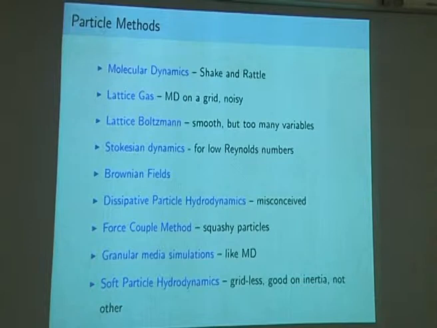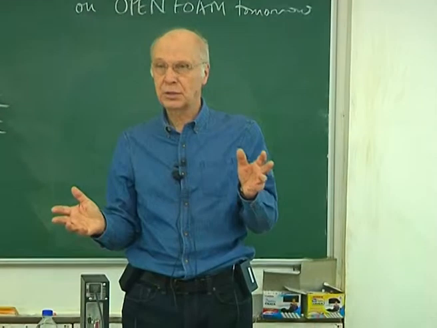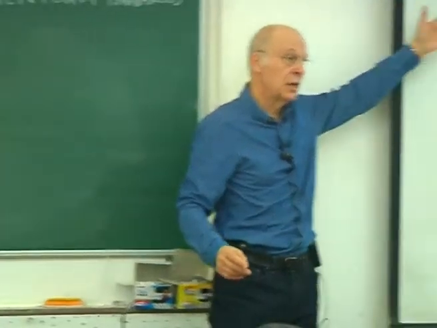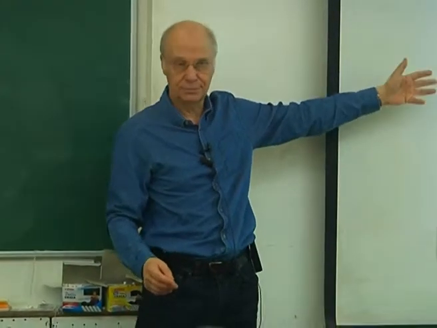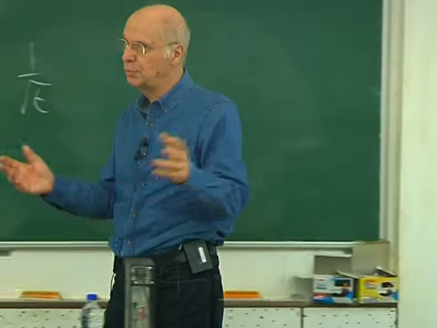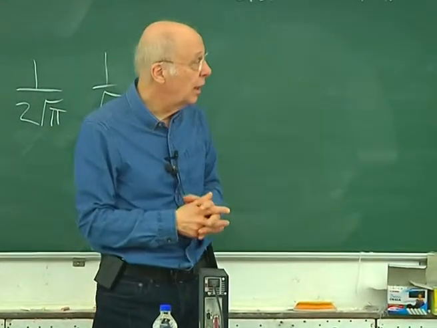Okay, well, what is acceptable is the forced couple method by Martin Maxey. And this is what you should do for particles, not at low Reynolds number in Stokes, but at Reynolds number of moderate 10. So suspensions of bigger particles.